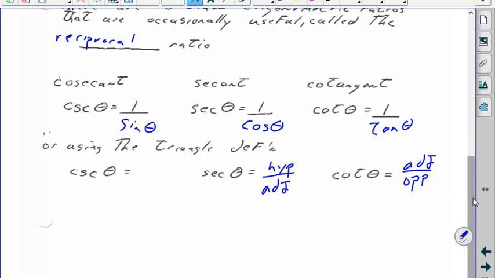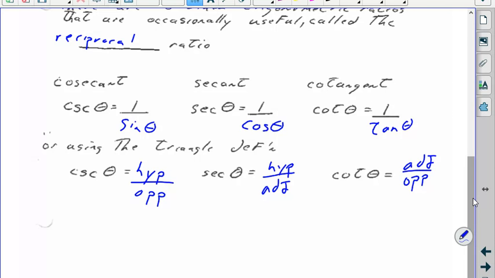Again, the definition is flipped. And correspondingly, you have sine. Sine theta is equal to opposite over hypotenuse. Cosecant will be hypotenuse over opposite. Now I'm going to be asking you questions dealing with the trig ratios lots of different ways, etc.